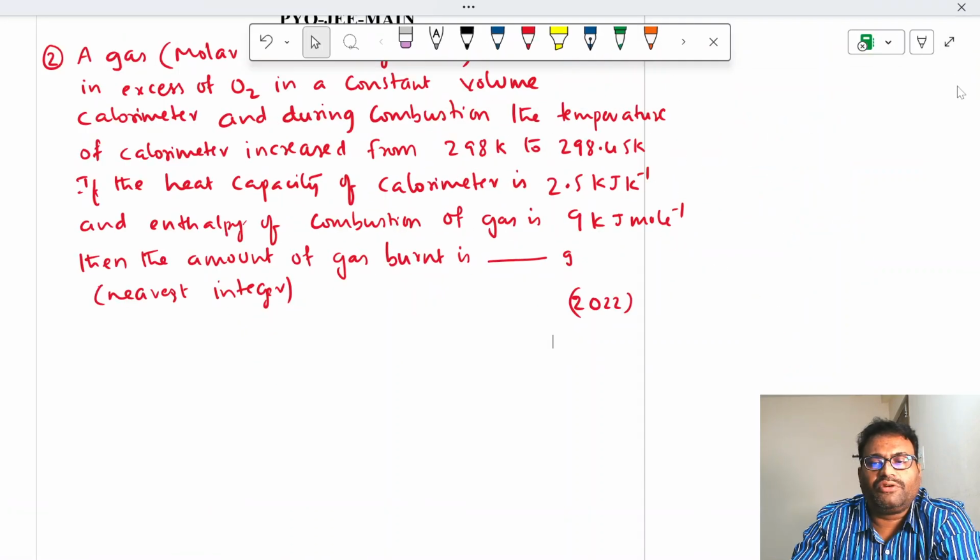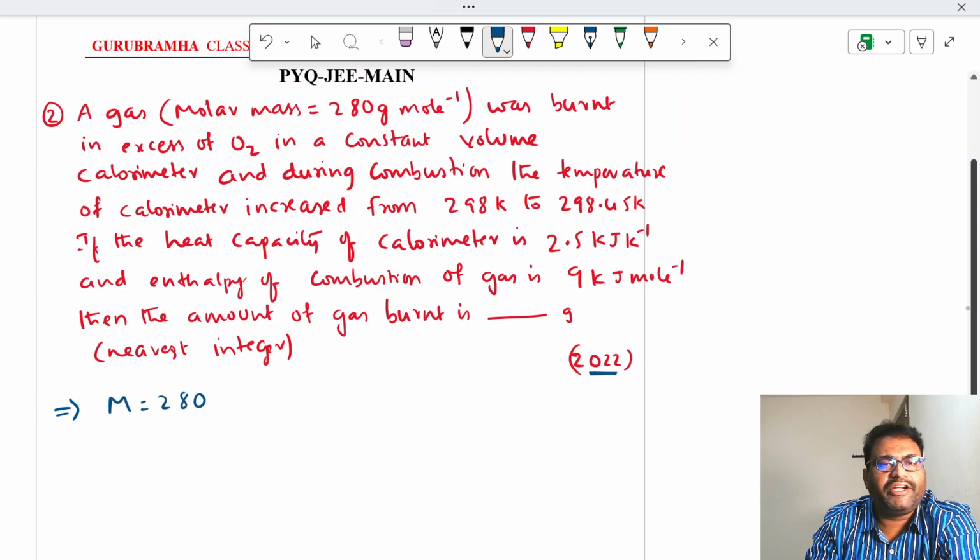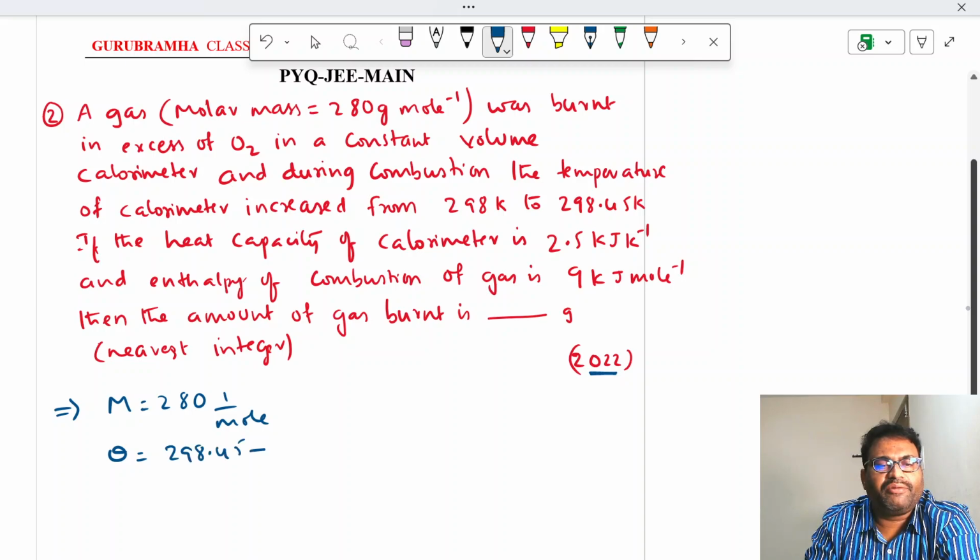Next, coming to the question which is asked in 2022. So molar mass is given as 280 grams per mole, right? It was burnt in excess of oxygen at constant volume calorimeter, and during combustion, the temperature of calorimeter raised from theta 298 to 298.45 Kelvin, which is equal to 0.45 Kelvin.